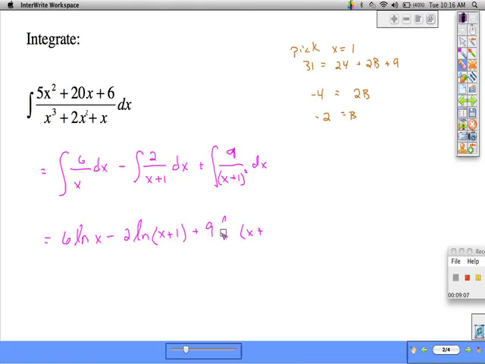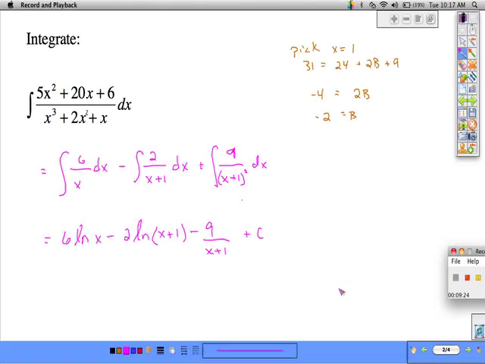Got stuck in the pattern there. This is really 9 times x plus 1 to the negative 2. So when we integrate that, we get minus 9 over x plus 1 and then plus c.